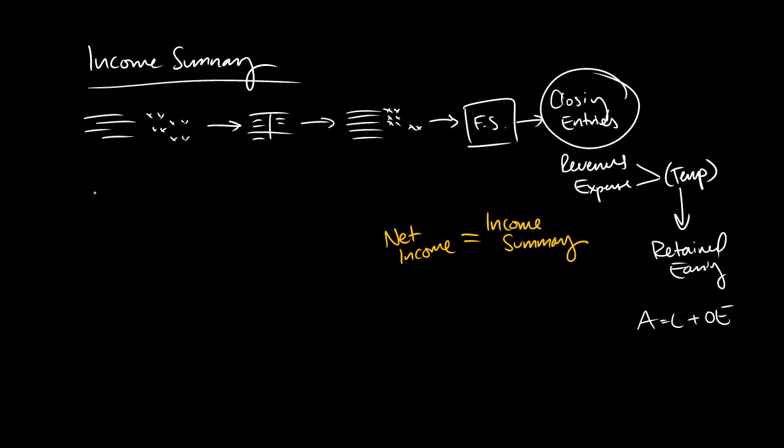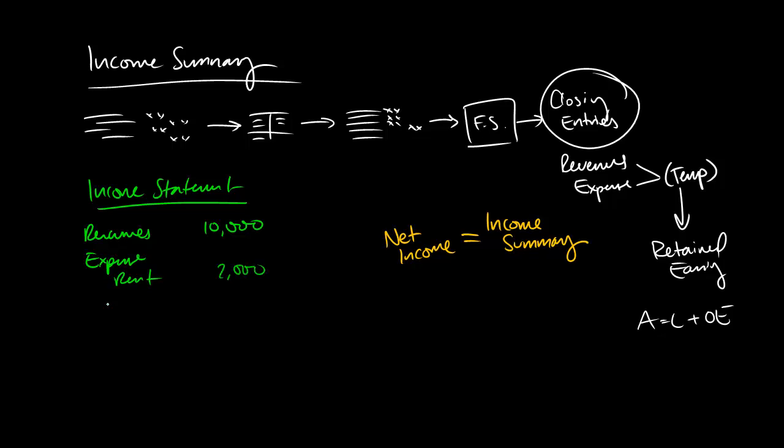So say I have my income statement here, and I have revenues of, let's say, $10,000, and I have my expenses, which include rent of $2,000, insurance of $500, and travel of another $500.